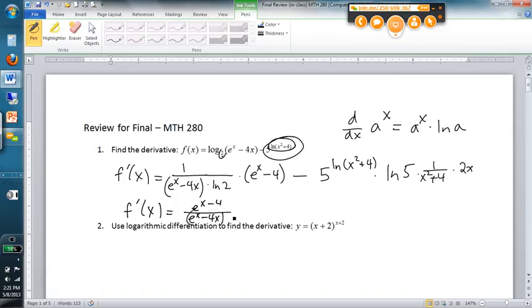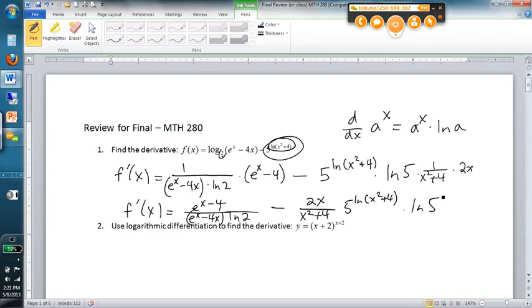No, it's not quite going to cancel, because this one is e to the x minus 4 and this one is e to the x minus 4x. So it almost canceled. I don't know how I'd want to write that, but it's not going to clean up very well at all, so we'll call that good.